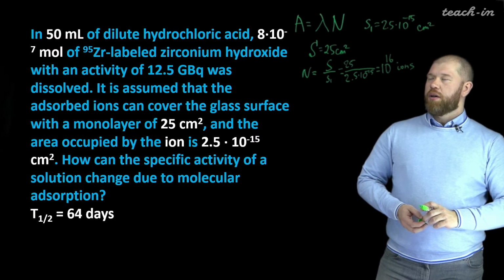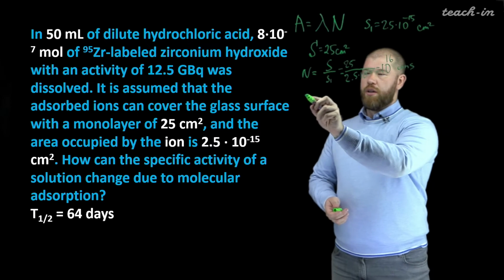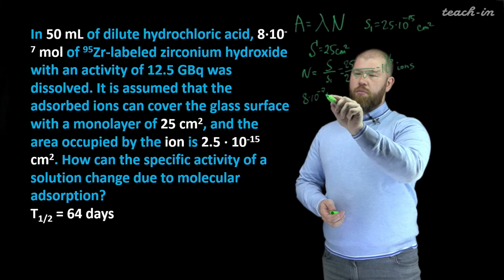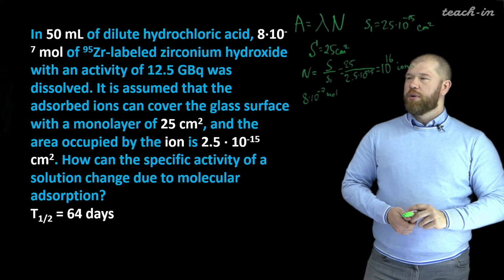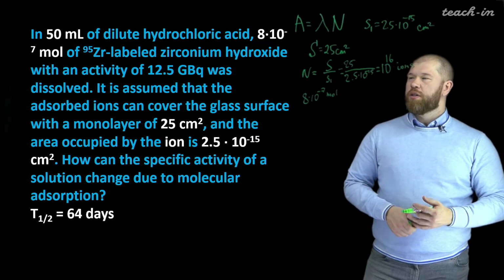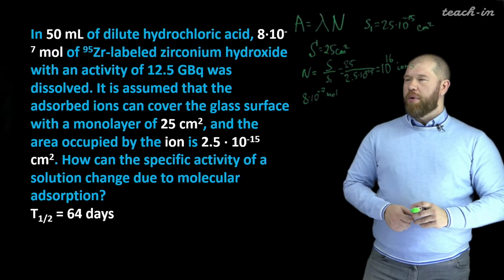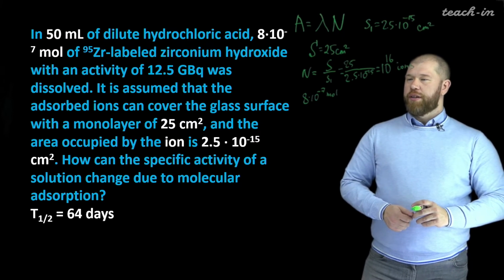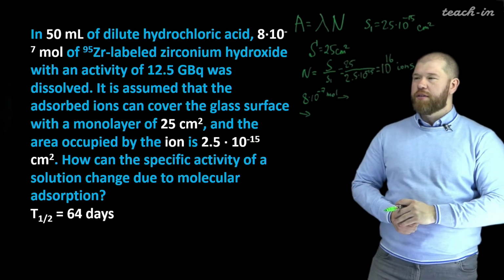We know that the total amount of zirconium is 8 × 10^-7 mole in 50 milliliters, but we don't need the concentration at the moment. We just need to know this amount of zirconium. From this we can calculate how many ions we have in solution.